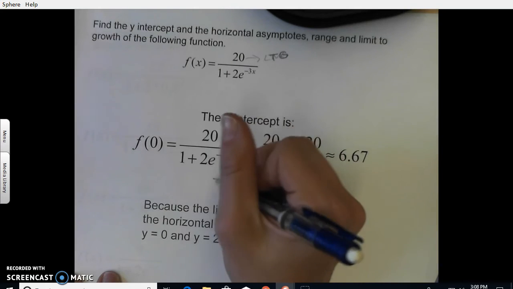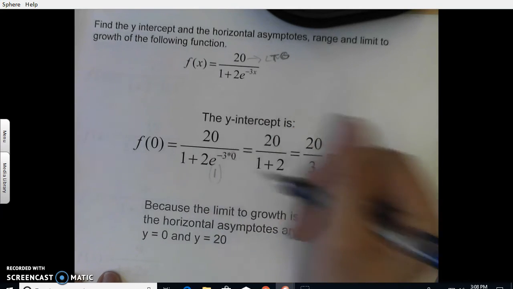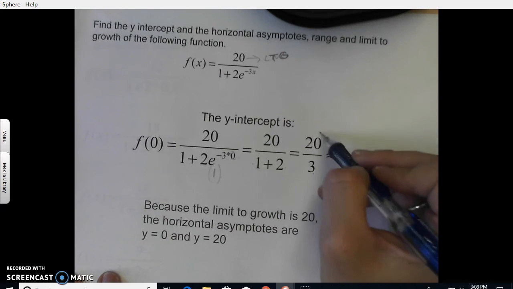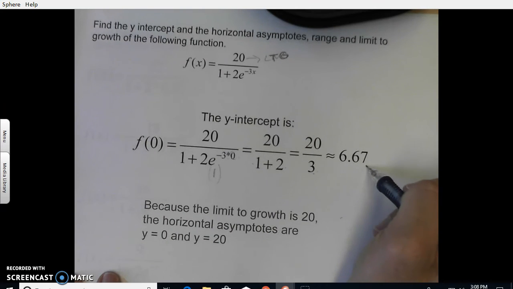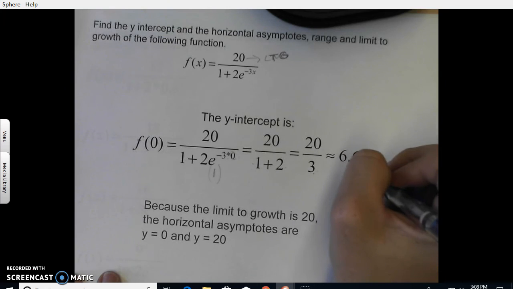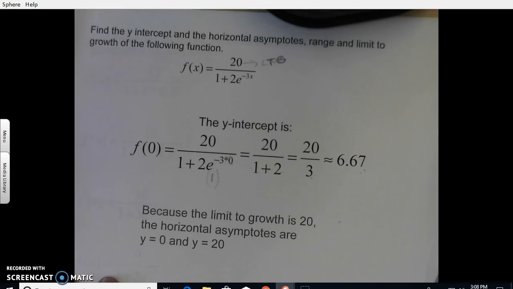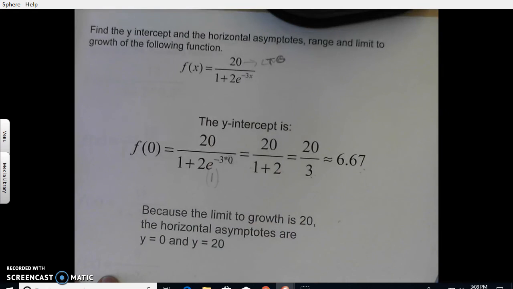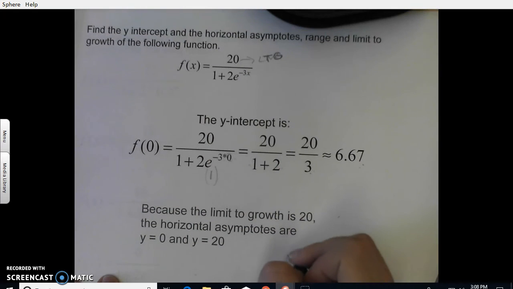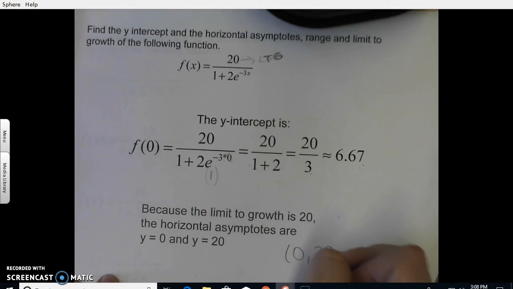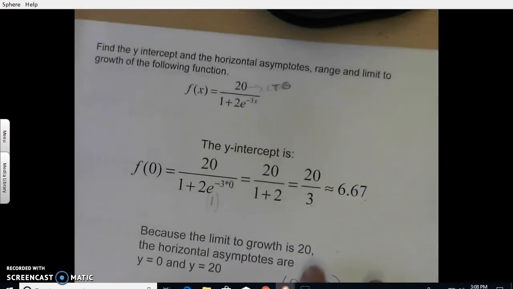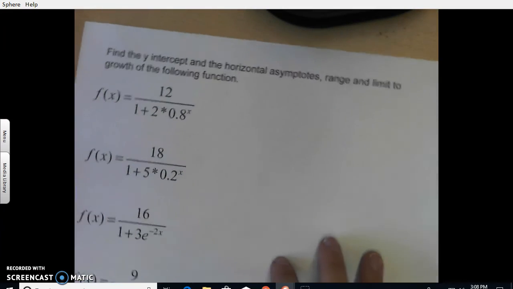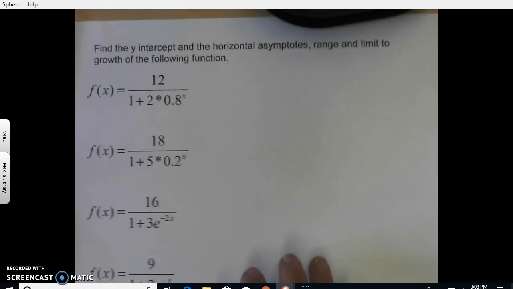E to the 0 is 1. 2 times 1 is 2. 1 plus 2 is 3. 20 divided by 3 is about 6.67, which is our y-intercept. We have horizontal asymptotes at 0 and c, which is 20, and our range would go from 0 to 20. And that's all for now.